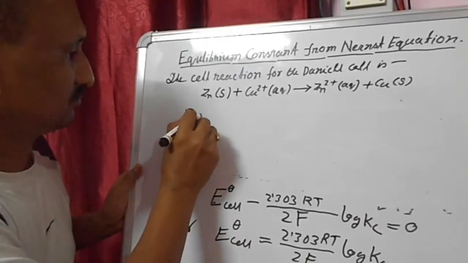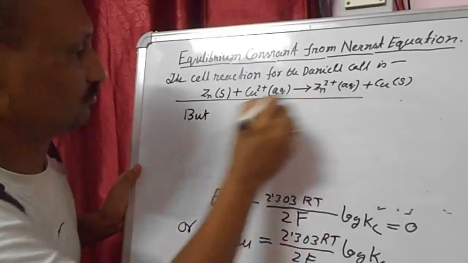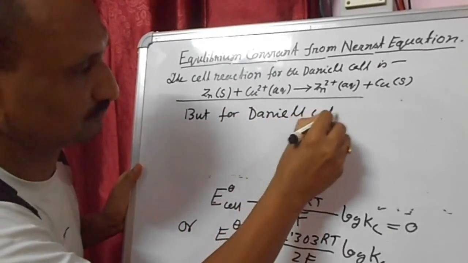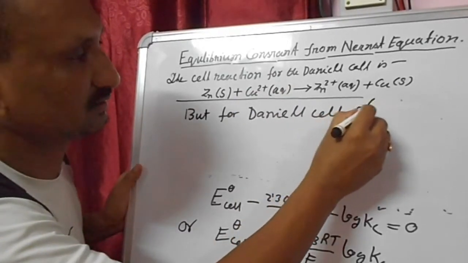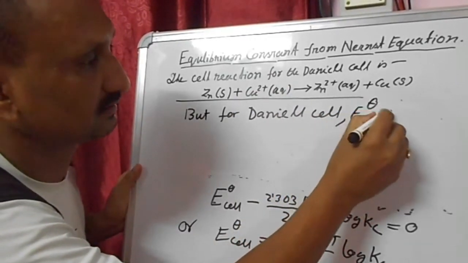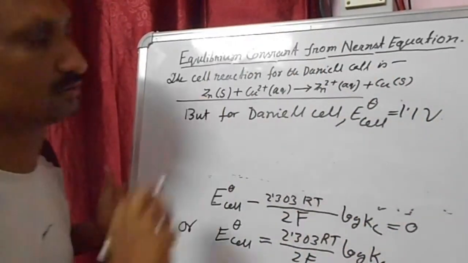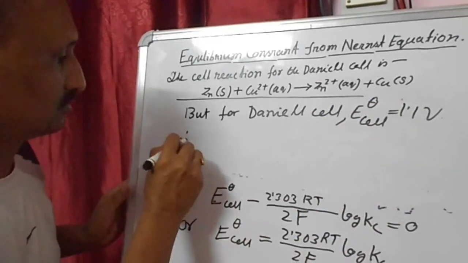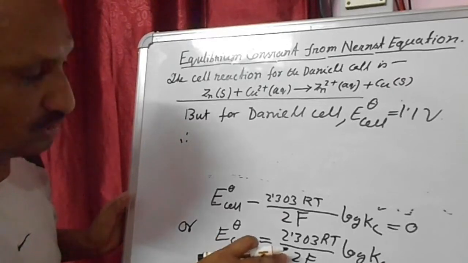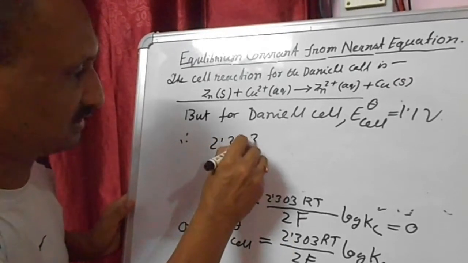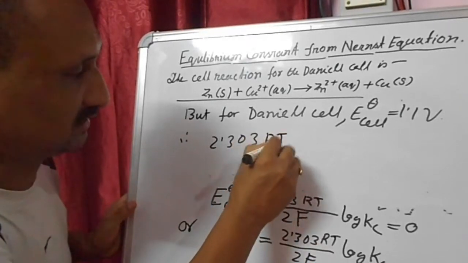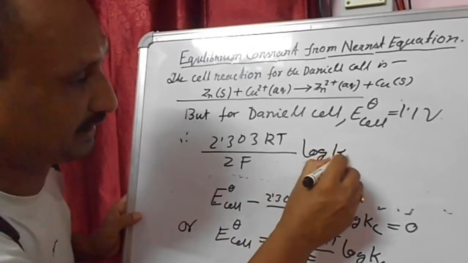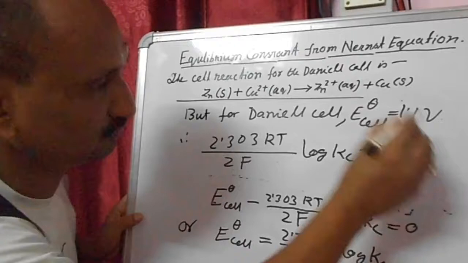Therefore, 2.303 RT divided by 2F log of Kc will be equal to 1.1 volt.